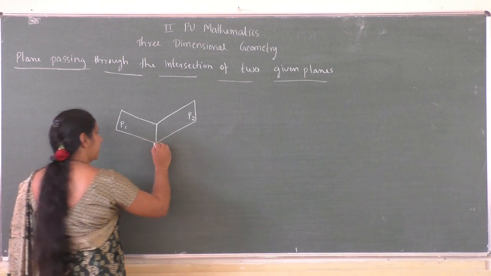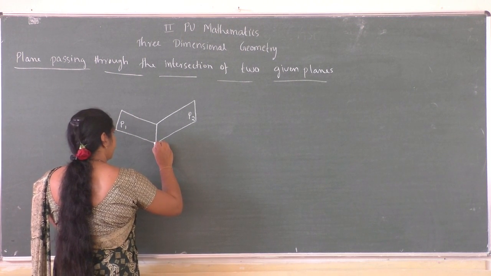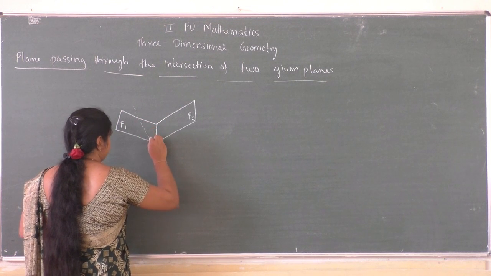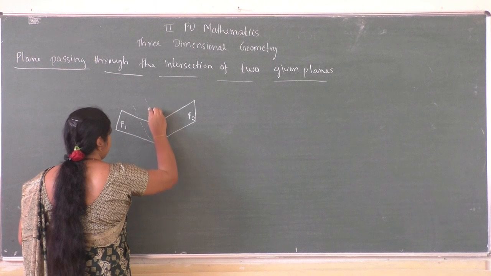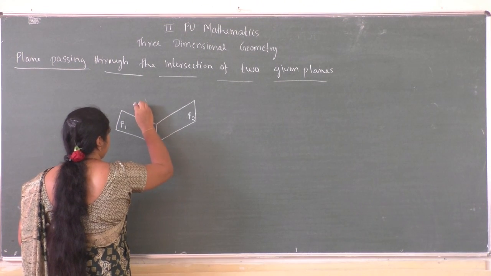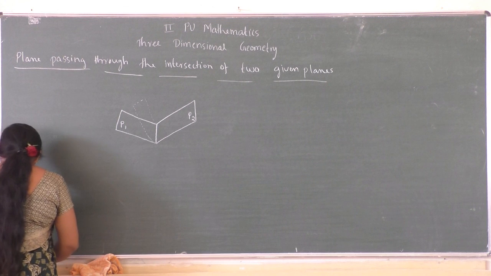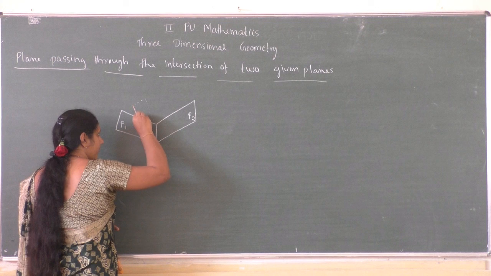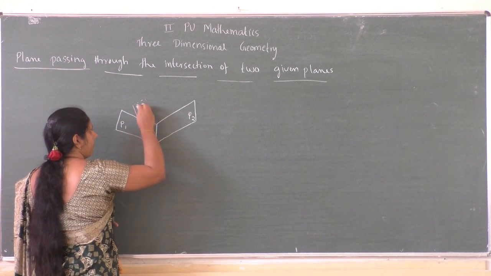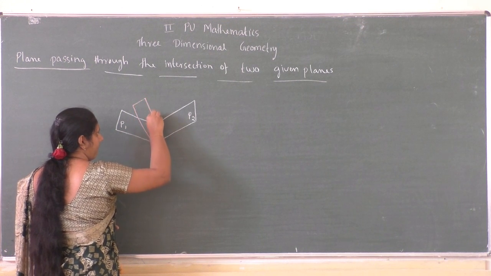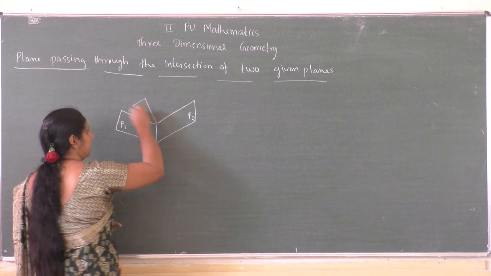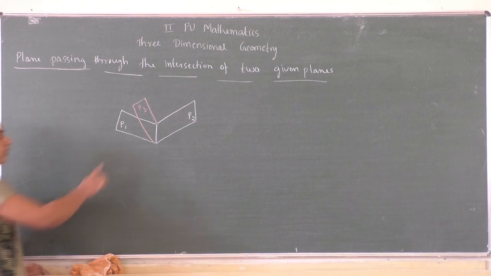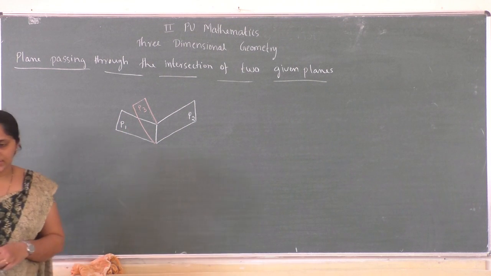Suppose there exists another plane, say P3, that is the plane passing through the line of intersection of P1 and P2.